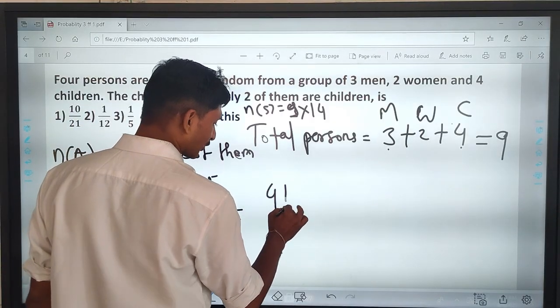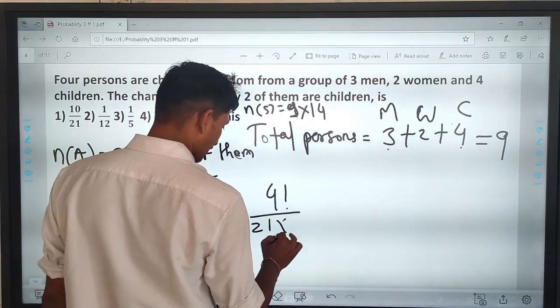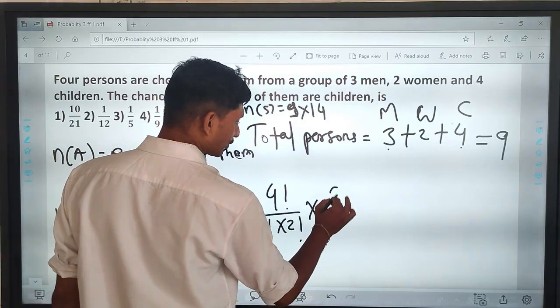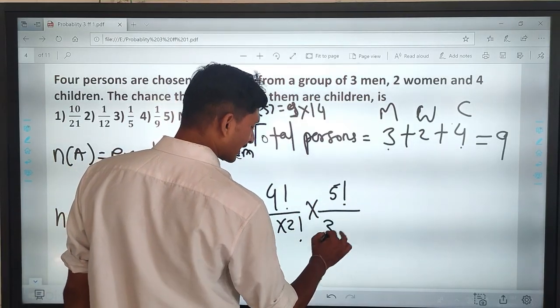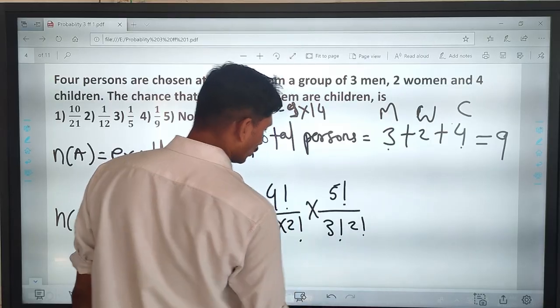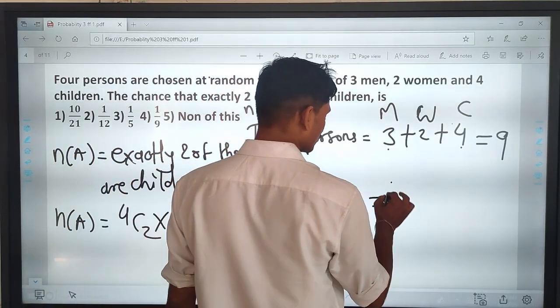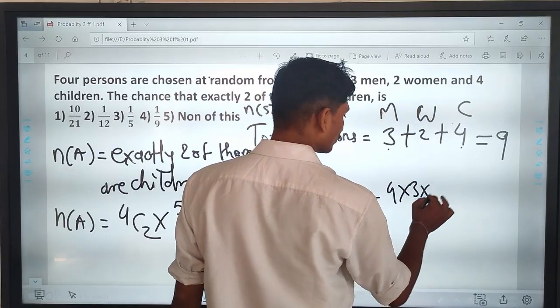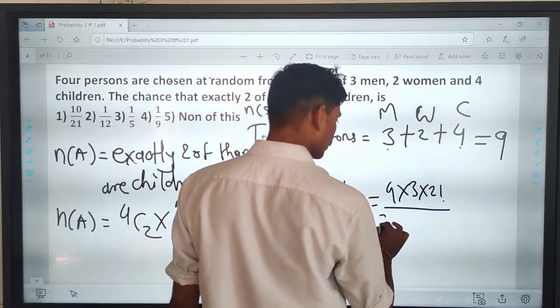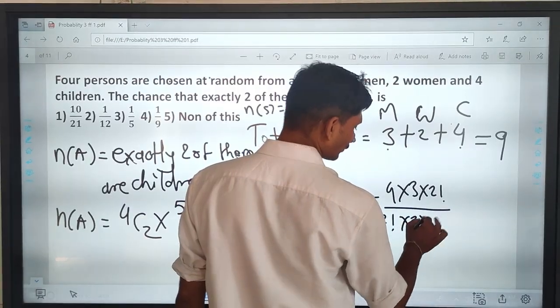4C2 means 4 factorial divided by 2 factorial into 2 factorial. 5C2 means 5 factorial divided by 3 factorial into 2 factorial. Now 4 factorial means 4 into 3 into 2 factorial divided by 2 factorial into 2 into 1.